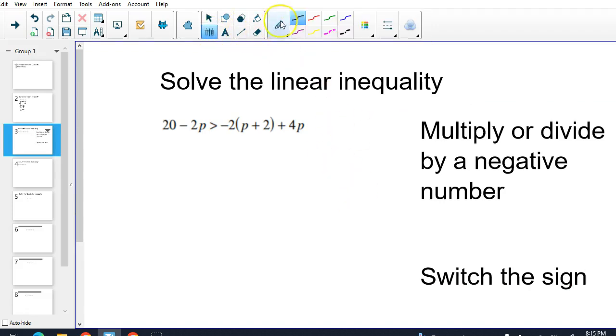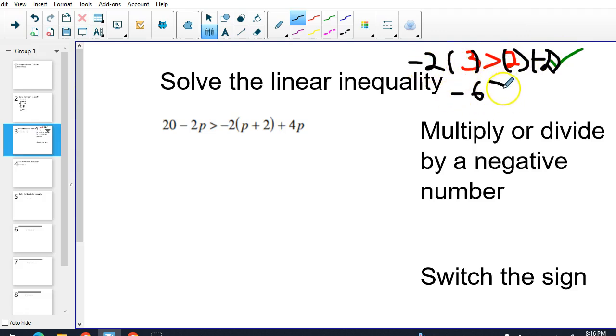The reason that we're going to switch the sign, if we think about it: 3 is greater than 2. That's true. But if I multiply both sides of this by, why don't we do times -2, -2 times 3 will give me -6. We'll leave the sign the same for now.